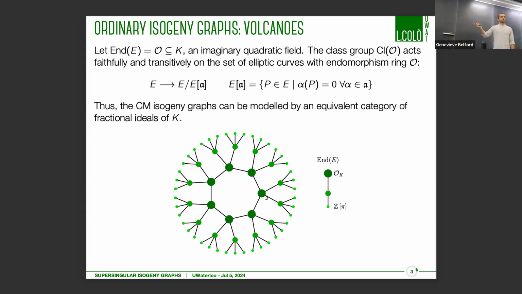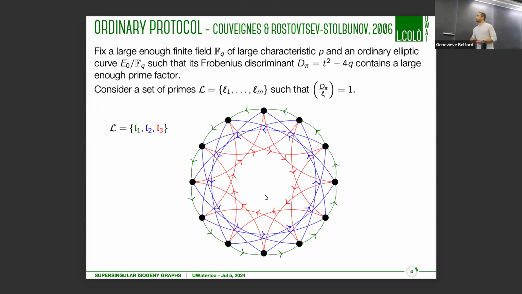Now, this nice structure and the fact that we have a commutative class group action was exploited in 1997 by Couveignes to first propose a cryptographic key exchange protocol based on these isogeny graphs. It was independently rediscovered around 10 years later by Rostovtsev and Stolbunov, and it works in this way.